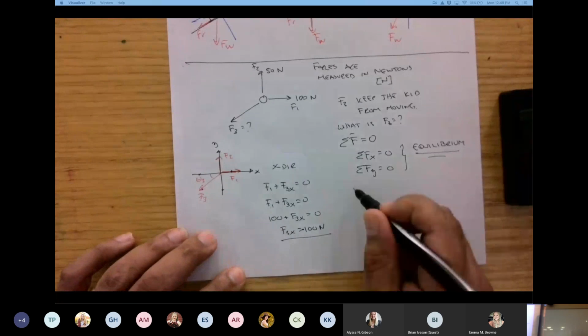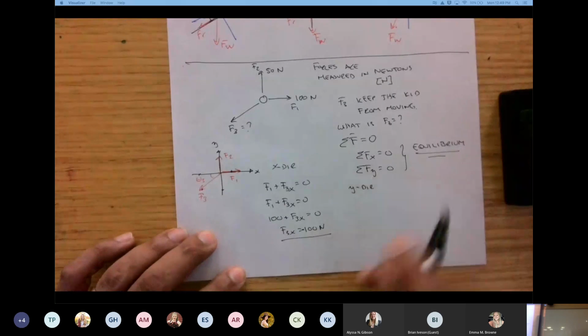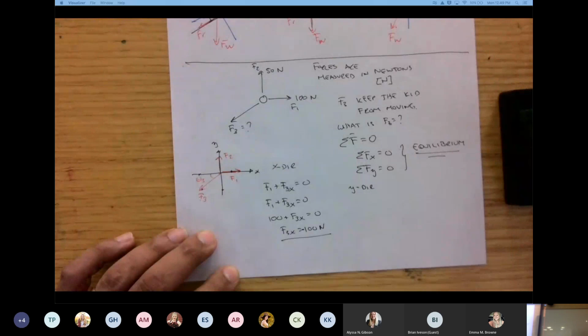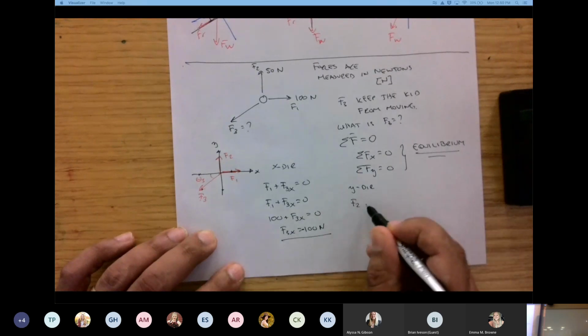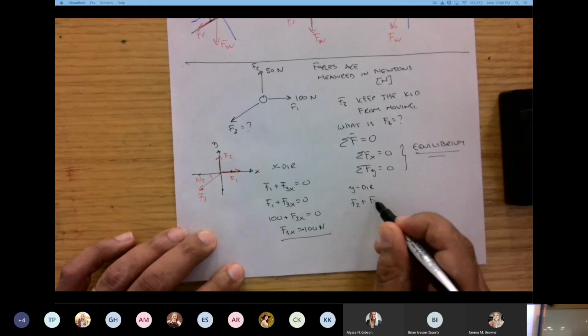In the y direction, Sylvia, what forces do I have in the y direction? You have the F2 forces, but then you also have the F3 forces. Okay. You have F2, and you have the y component of F3.